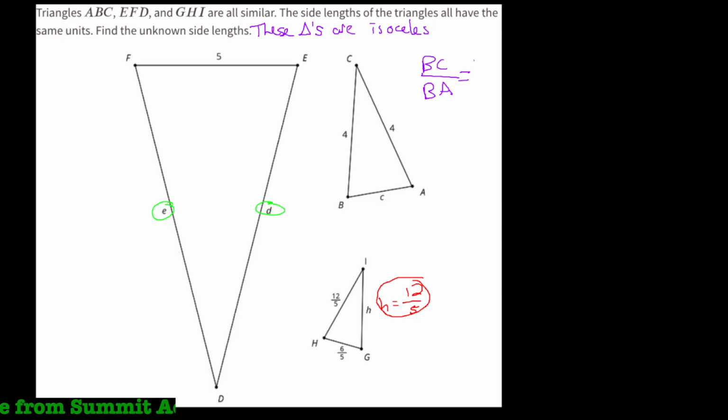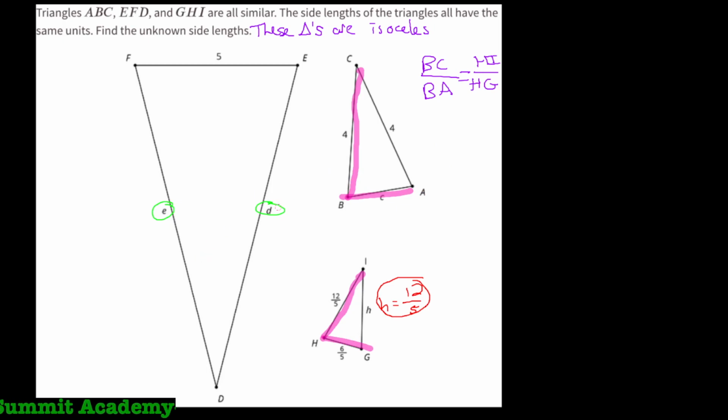So I say the side lengths HI and HG. Let's point out what we're talking about. I'm saying BC and BA, and we have HI and HG. Please be careful when you're looking at those side lengths.